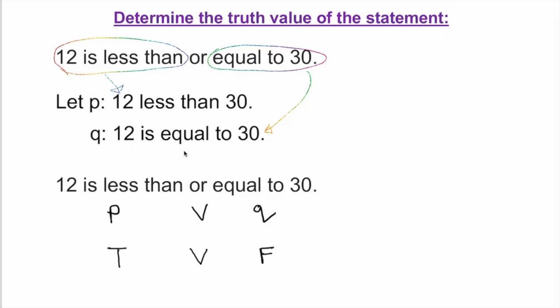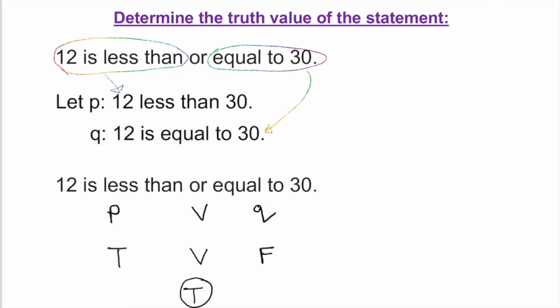For example, in this case I say true or false. OR means this one can happen, that one can happen, it doesn't matter. If one is true, the statement is going to be true. So the final truth value of this statement is true.